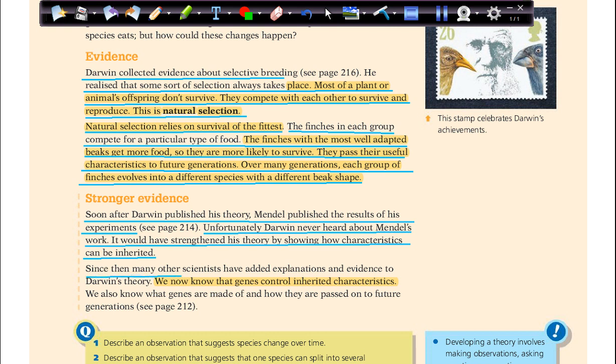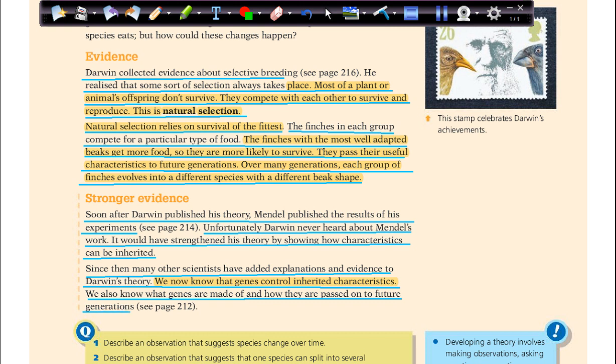Since then, many other scientists have added explanations and evidence to Darwin's theory. We now know that genes control inherited characteristics. We also know what genes are made of and how they are passed to future generations.